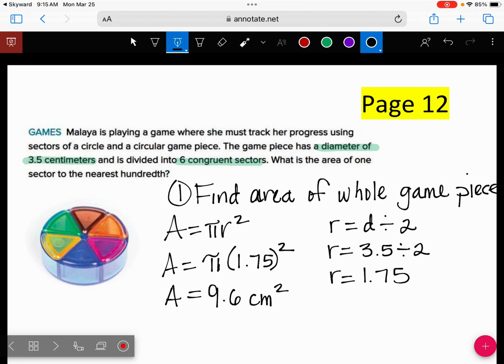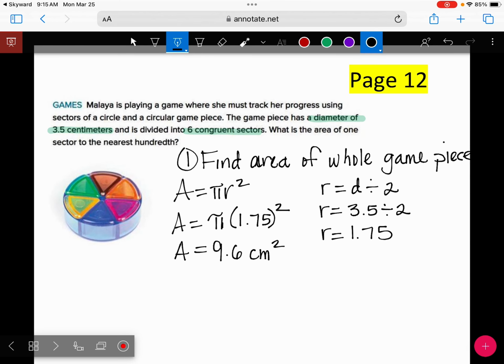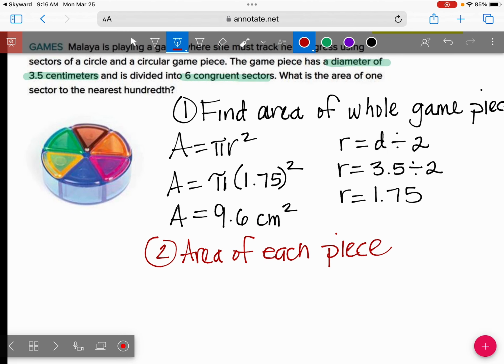So who got 9.6? Because they're divided, step number 2 would be to find the area of each piece. The area of each piece. So as you can see, because they're all equal and there's 6 pieces, we're just going to take the total area and divide that by the number of pieces.